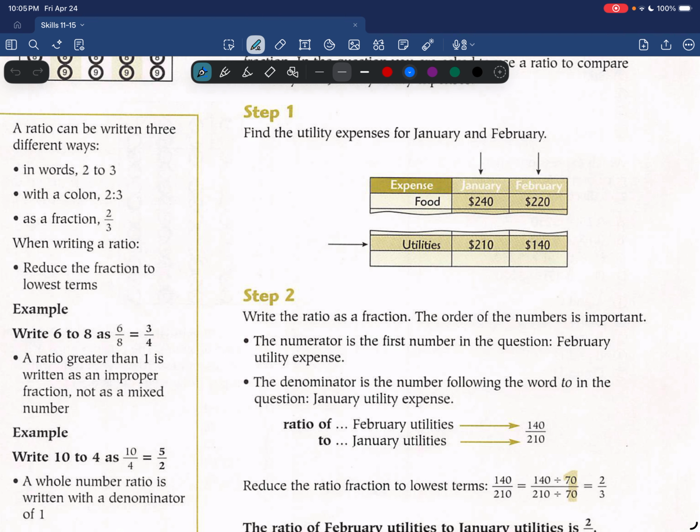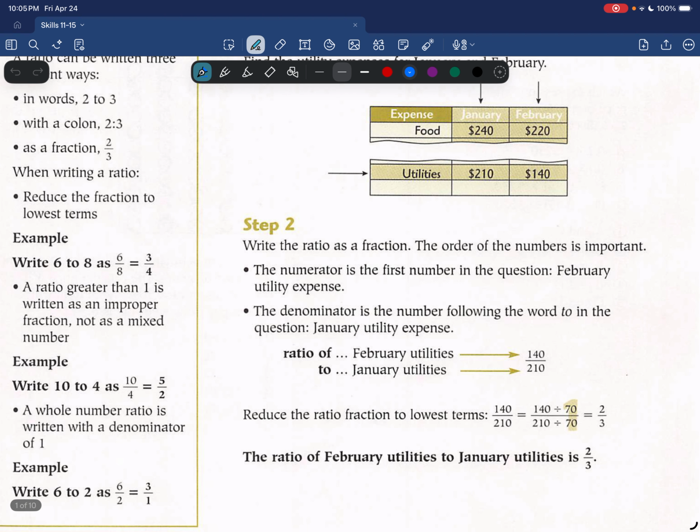The order of the numbers is very important. The numerator is the first number in the question. In this case, it's the February utility expense. The denominator is the number following the word to in the question, January utility expense.